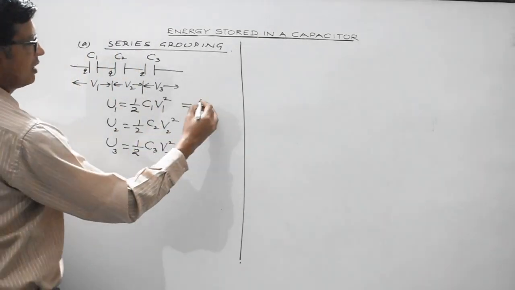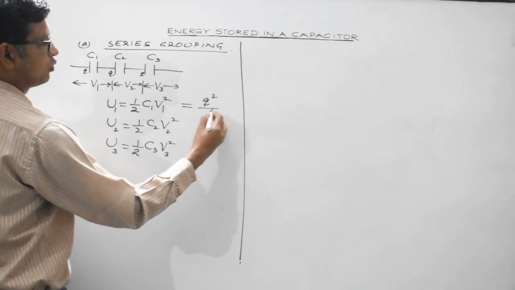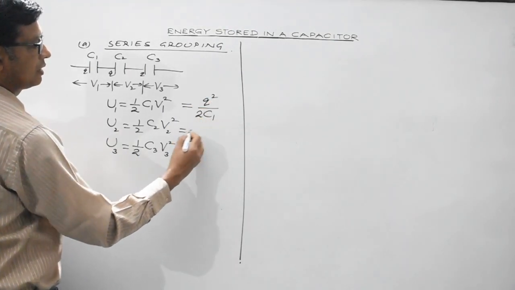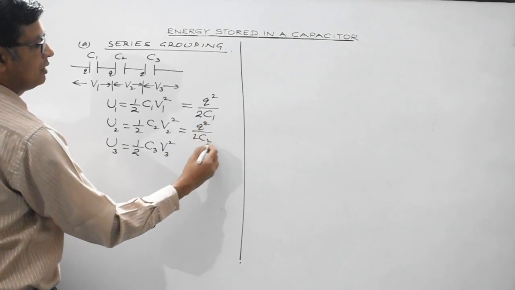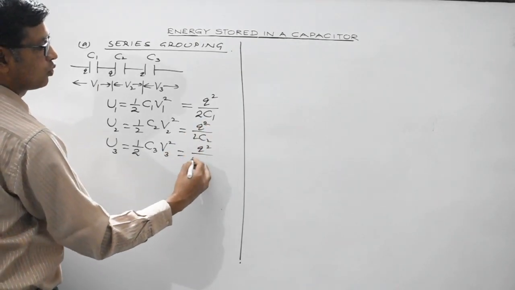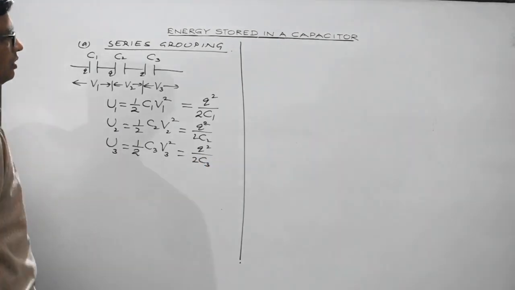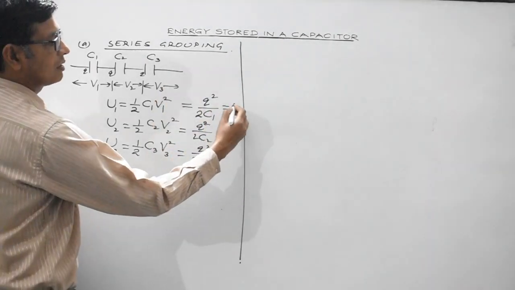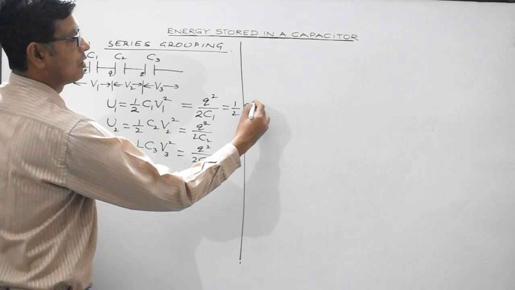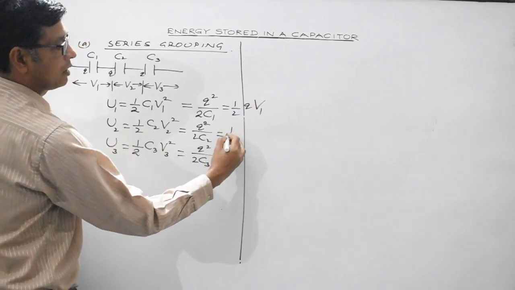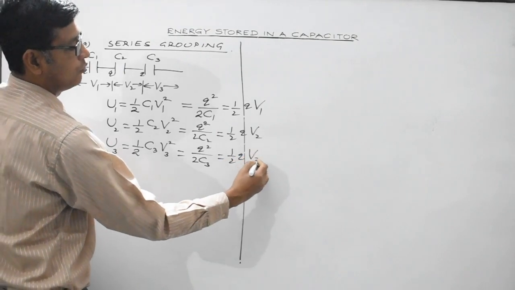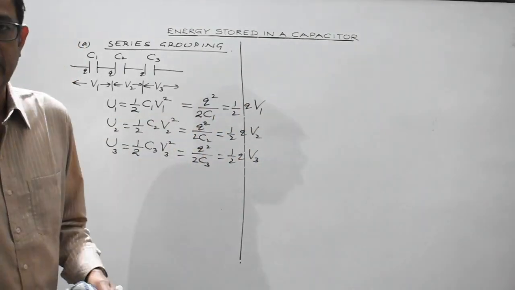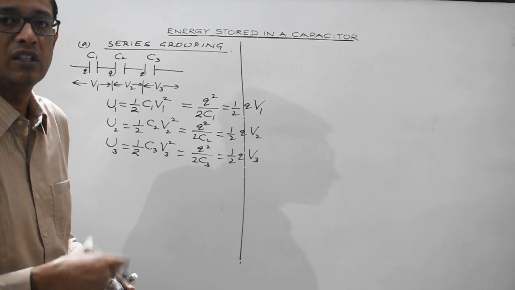It can be written as Q square by twice C1, Q square by twice C2, and Q square by twice C3. Or it may be written as half Q V1, half Q V2 and half Q V3.